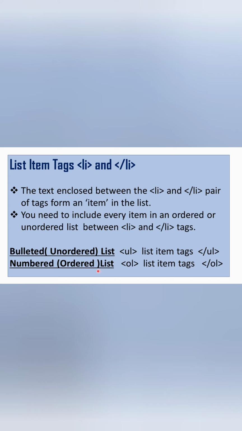Next, for creating a numbered list, we have to make use of OL tags. OL represents ordered list. So in between these ordered or unordered list tags, we have to list the list item tags.